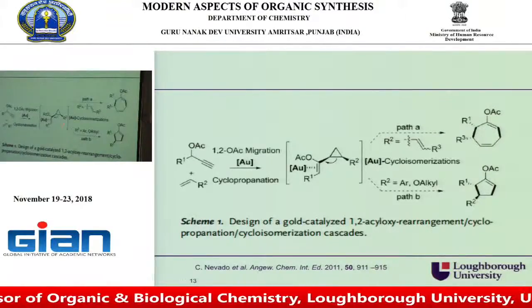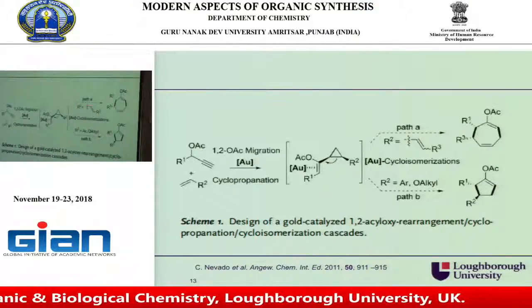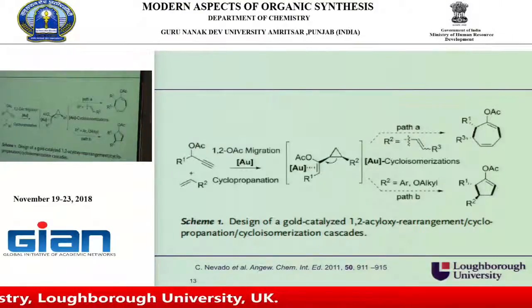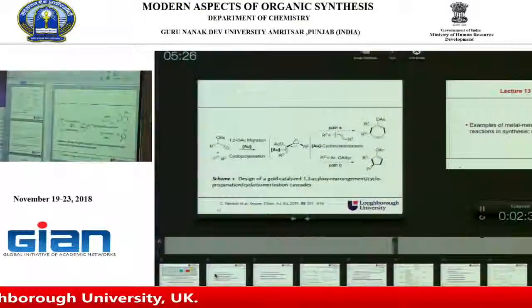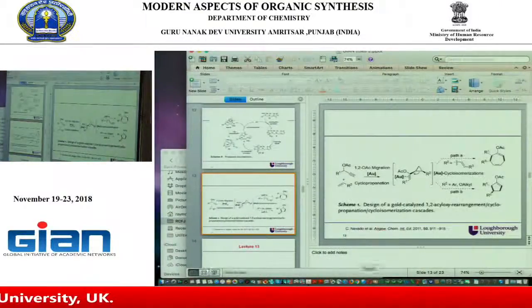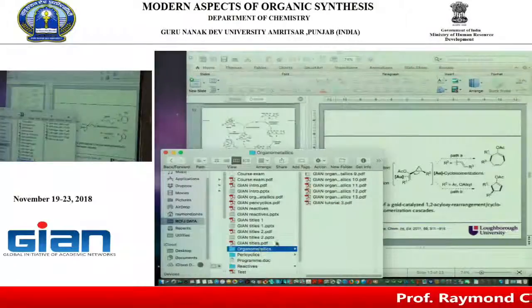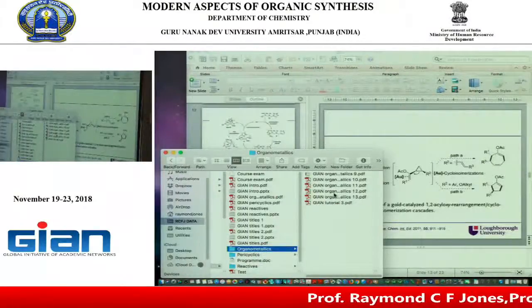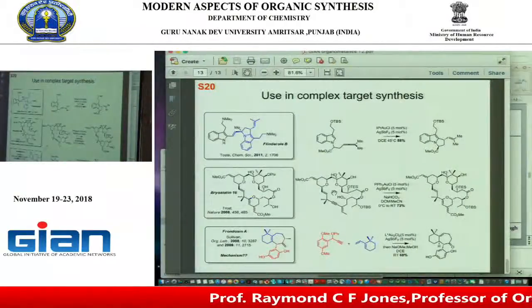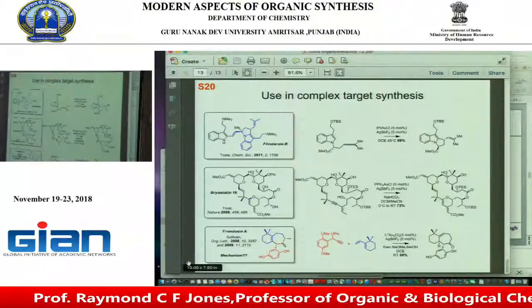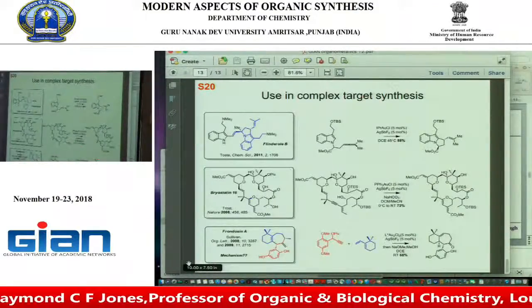If that leaves another double bond hanging off, then you can get a cope rearrangement to give you a 7-membered ring. And if I go back to wherever it was, that's how this 7-membered ring arises.